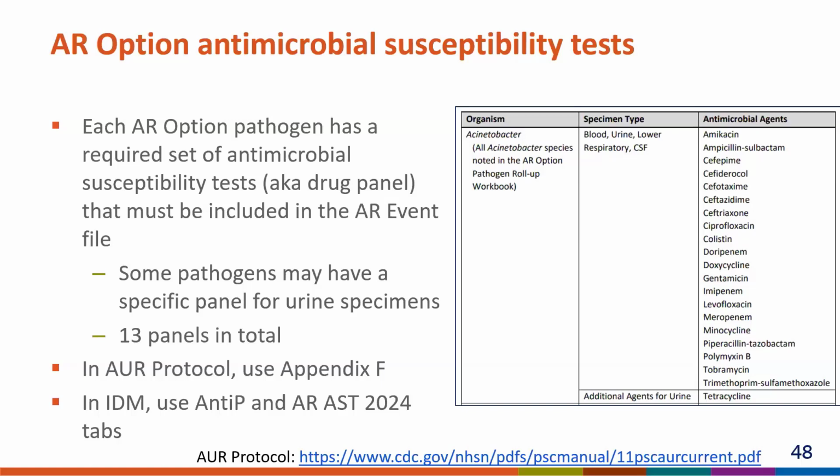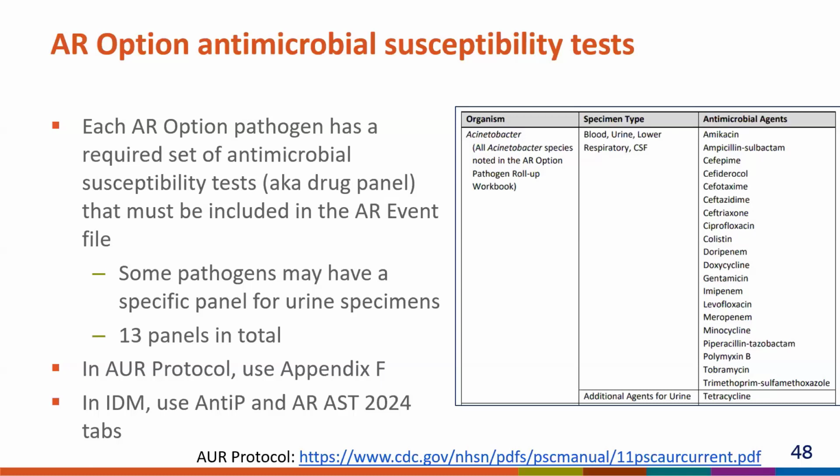Some pathogens may have a specific panel for urine specimens. We have 13 different panels in total. To figure out which tests are included in the AR event for specific organisms, you can look at the AUR protocol, specifically Appendix X, or you can review the IDM.